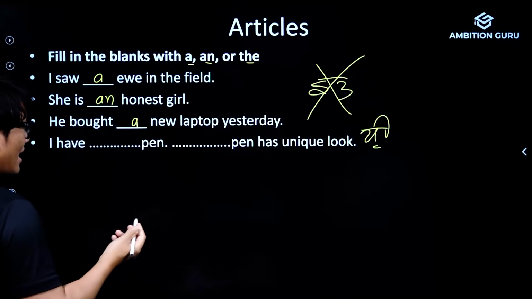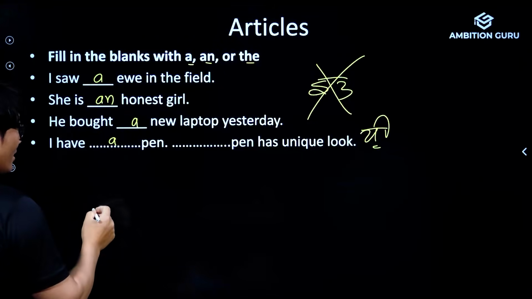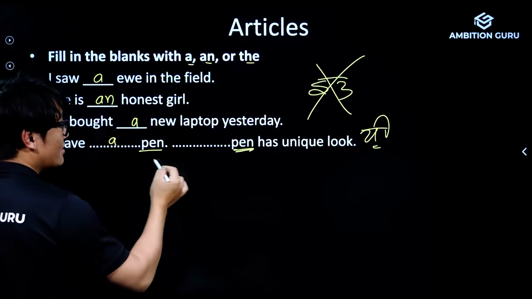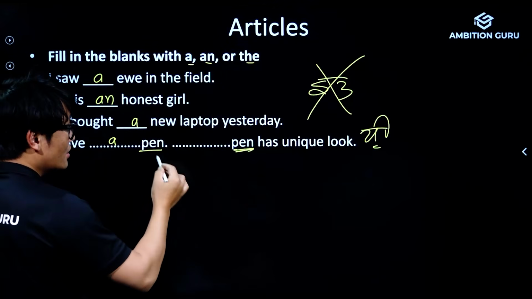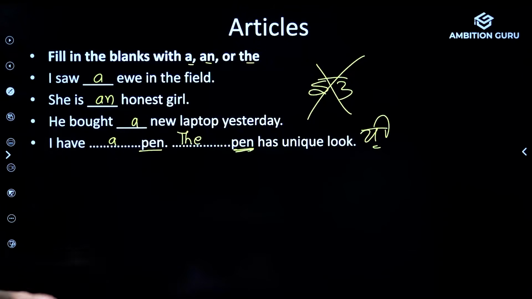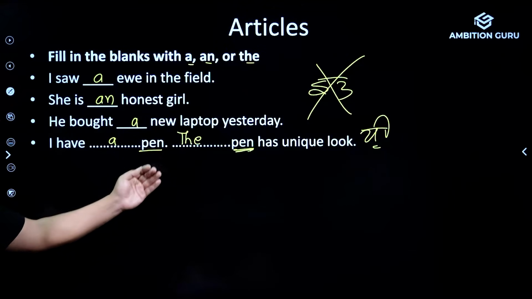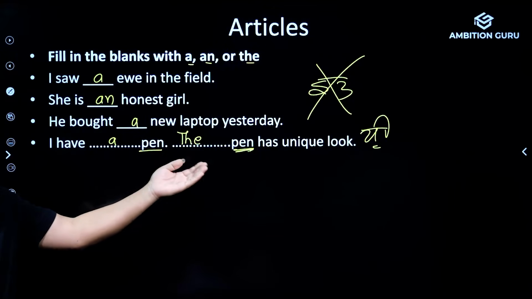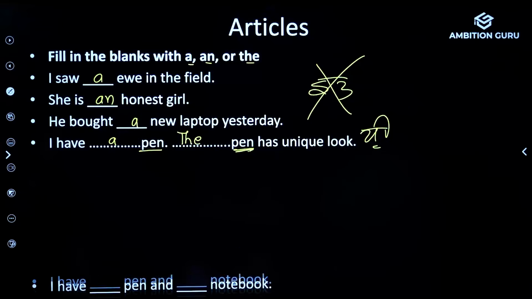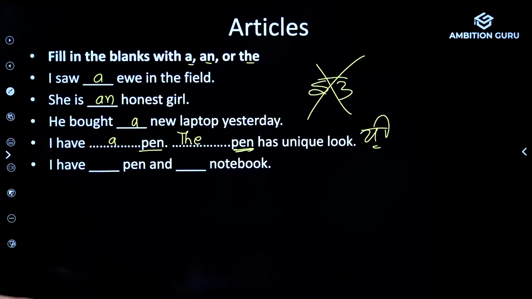A plosive sound is there, so a pen. Now this pen has been repeated, so this is called a repeated noun, and a repeated noun takes the. I have a pen. The pen has a unique look. That's beautiful.